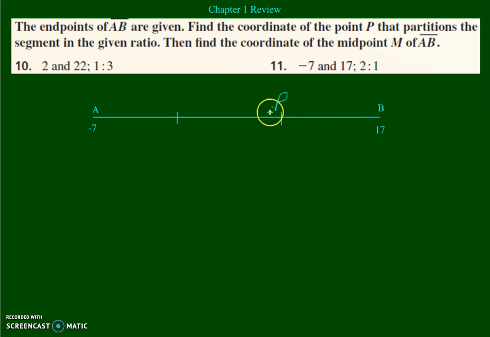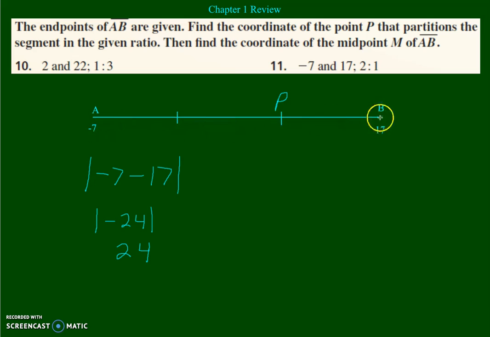So now we have to find the coordinate of point P. So to do this, just like we did the last time, we find the length of the entire piece, which is the absolute value of the difference. That's the ruler postulate, -7 minus 17, absolute value, which is the absolute value of -24, which is 24.